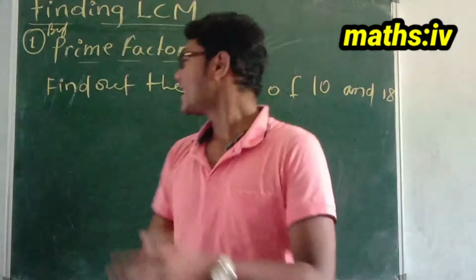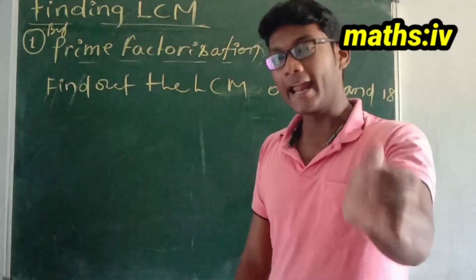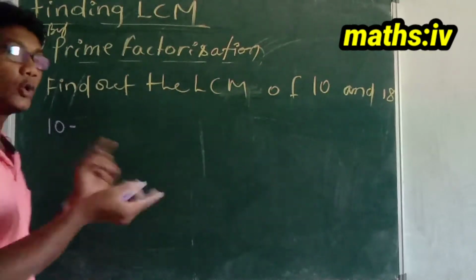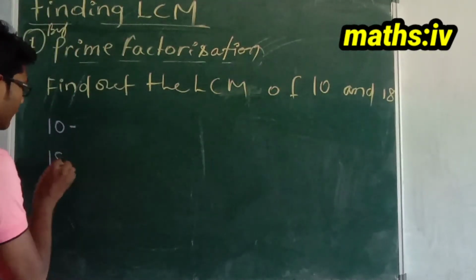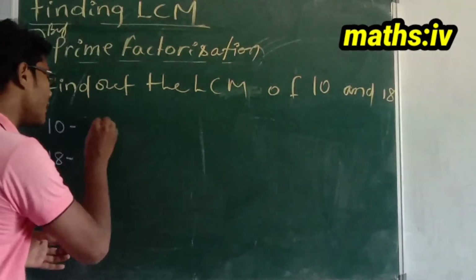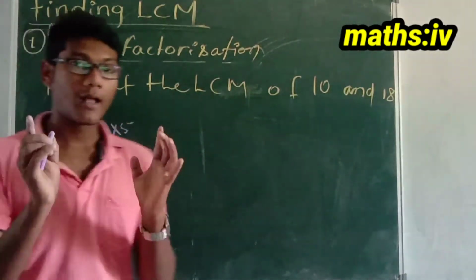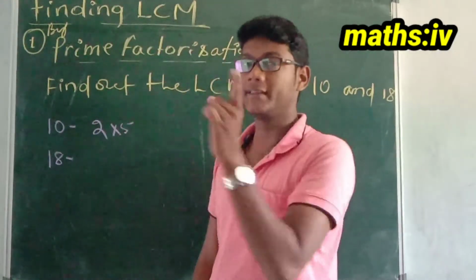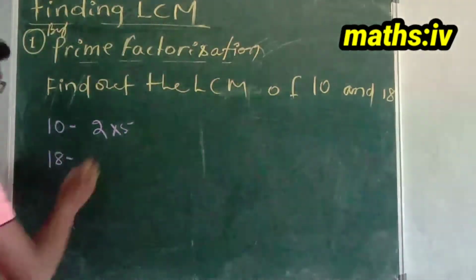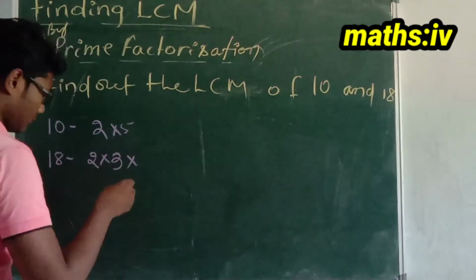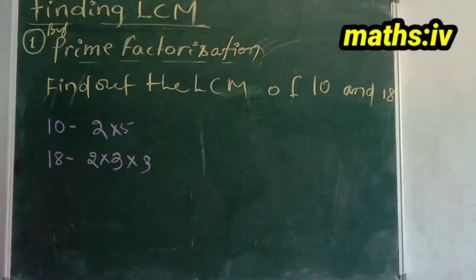Another question, students. Find out the LCM of 10 and 18. So firstly, what do we have to do, students? Firstly, do the prime factorization of the numbers. Prime factorization of 10 is 2 multiplied by 5. Next, 18: 2 multiplied by 3 multiplied by 3.